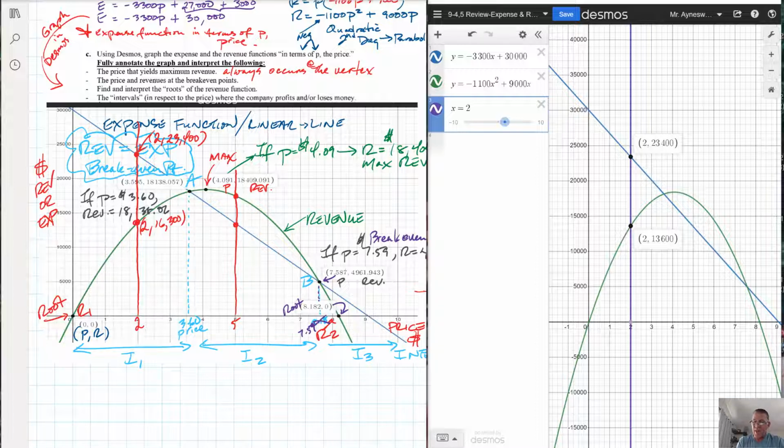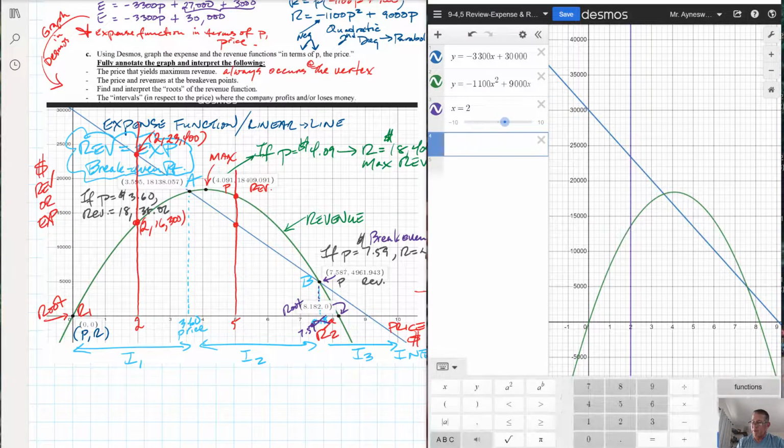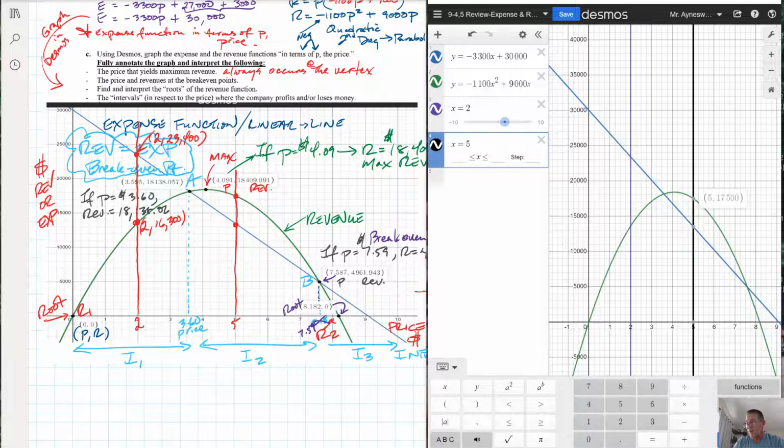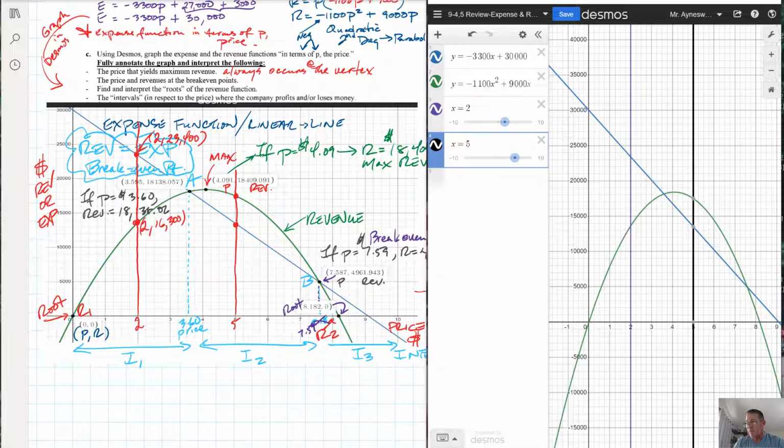Okay, so now we got to find those values. That's easy to do. Here you type in x equals 5, and it intersects the two curves at these 2 points. At the revenue curve, 5, 17,500, and then on the expense curve, 5, 13,500.